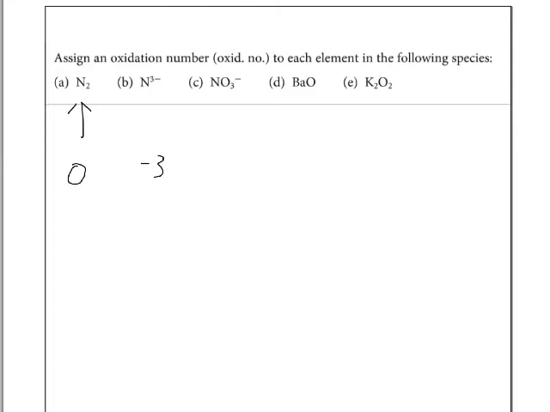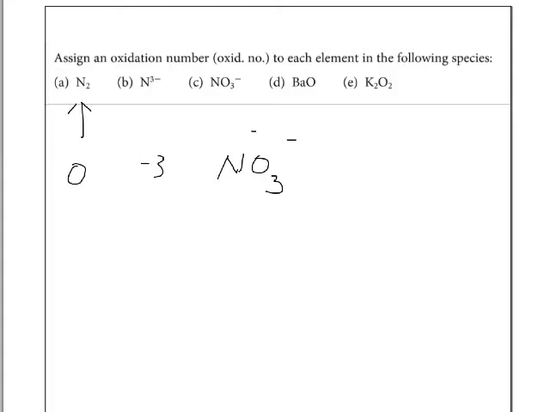For the next one, for nitrate, we have to do a little work. So we know that the compound is like so. So the overall charge is -1. And we know that the sum of the oxidation numbers has to equal -1.